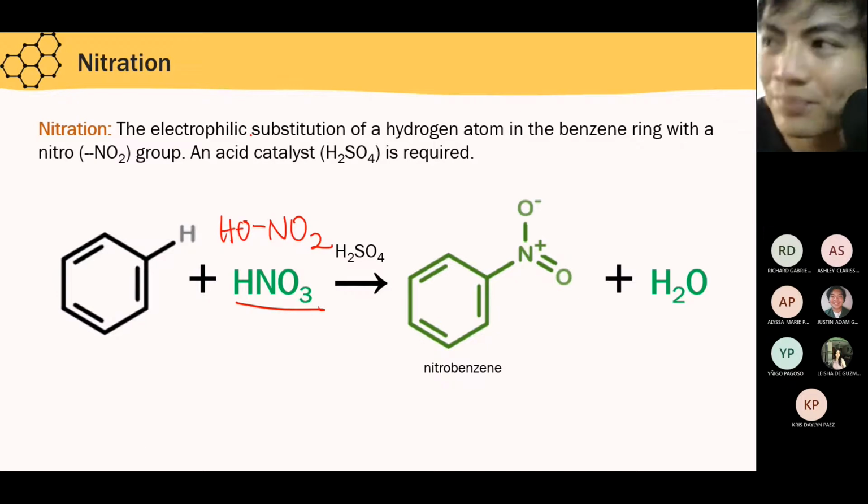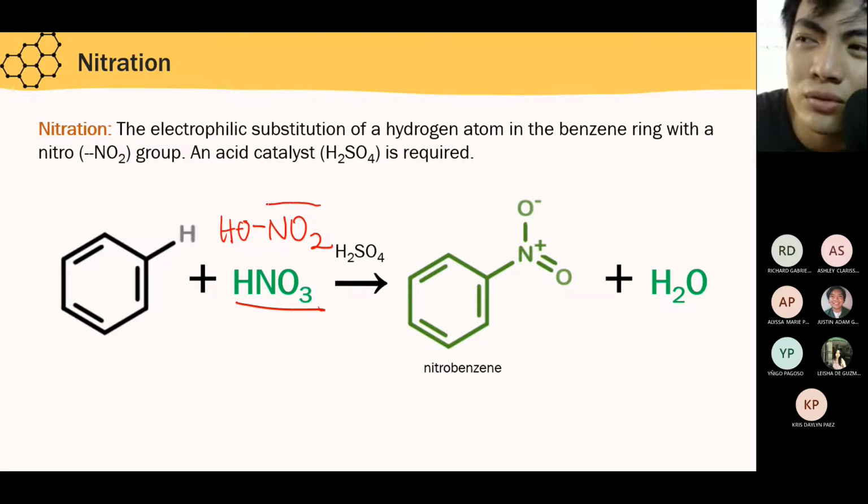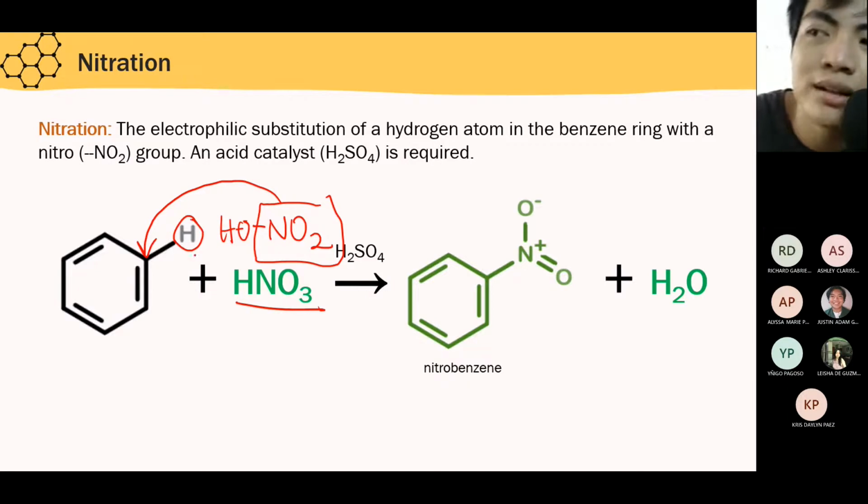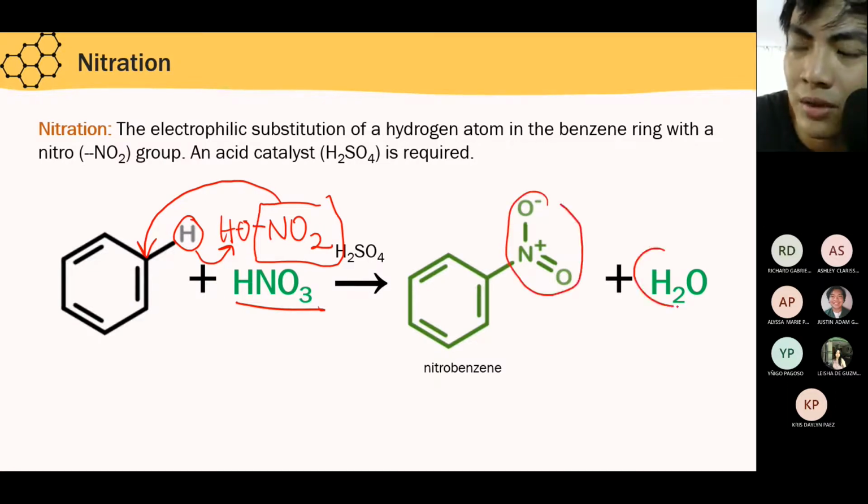Yan yung basa ko diyan. H, tatlong oxygen, isang N. So, yung NO2, yun yung kakabit dito. And then, di ba matatanggal yung hydrogen? Yung natanggal na hydrogen, kakabit siya doon sa naiwan. Okay? So, kaya ganyan yung product. You have your NO2 here, and you have the water.